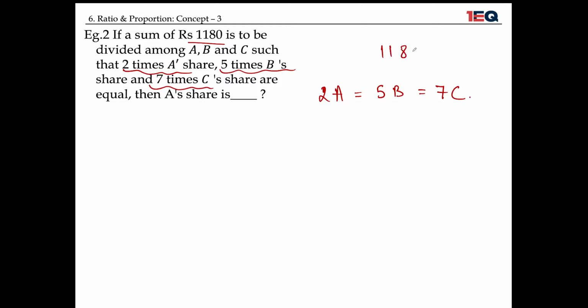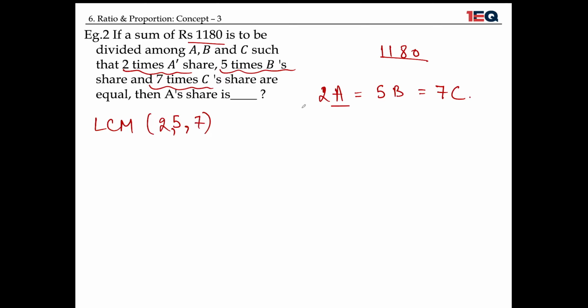Okay. When all of this is equal, the 1180 was divided in such a way. These are the coefficients. We can prove all of them to be equal only and only when they are in the numerator, not when they are in the denominator. So what would I do? I would take the LCM of 2, 5, and 7. The LCM of 2, 5, and 7 is 70. Yep, 70 is good.